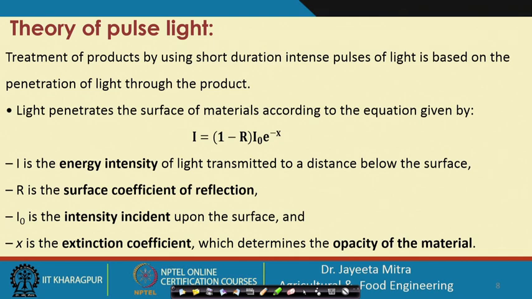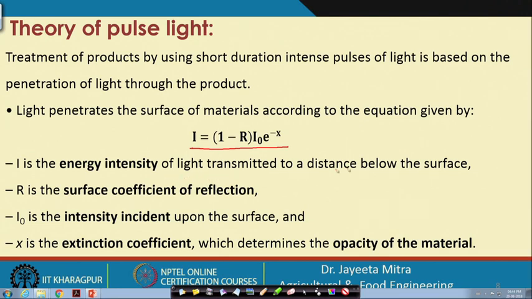Light penetrates the surface of material according to this law: I equals (1 minus R) into I 0 e to the power minus x, where I is the energy intensity of the light transmitted to a distance below the surface.